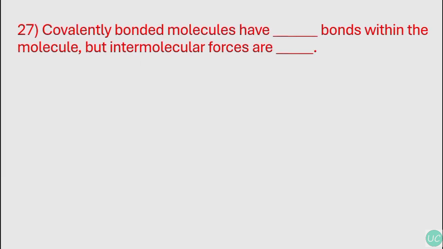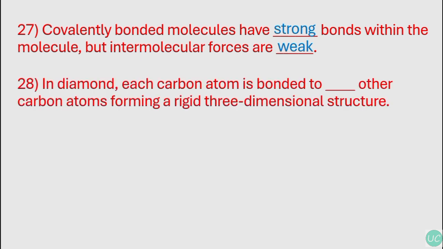Okay, next question, covalently bonded molecules have strong bonds within the molecule but intermolecular forces are weak, that is, the forces between two molecules are weak but inside the molecule the bond is strong. Okay. Next question, in diamond each carbon is bonded to 4 other carbon atoms forming a rigid 3-dimensional structure.